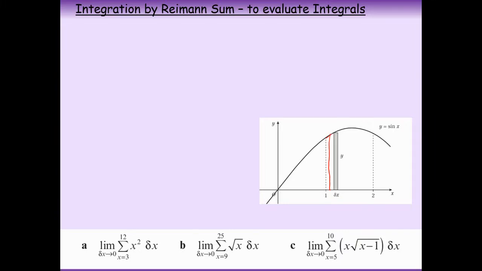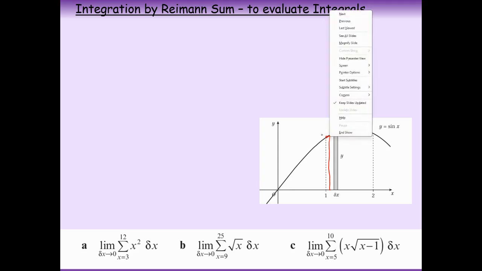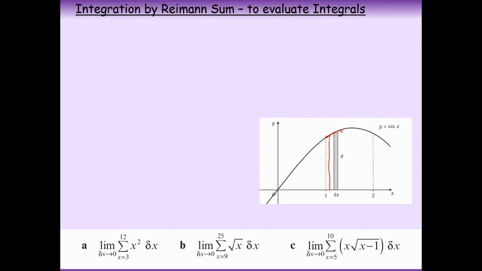The Riemann sum is yet another way of evaluating an integral with small rectangles, evaluated either at the left-hand coordinate or right-hand coordinate. In this diagram, for example, the rectangles have their left-hand side evaluated with a function.